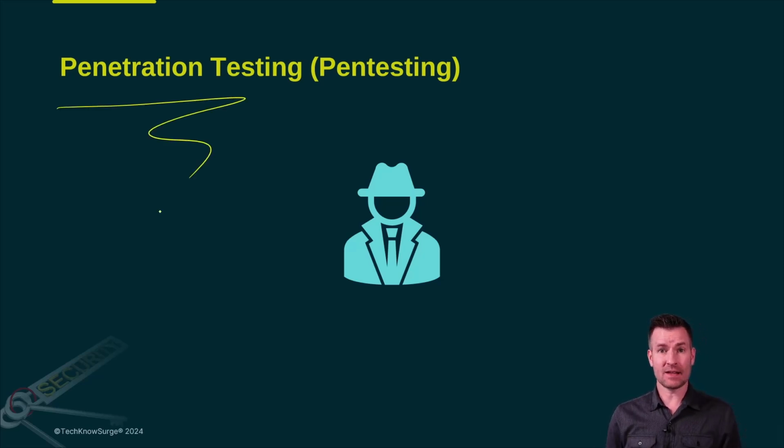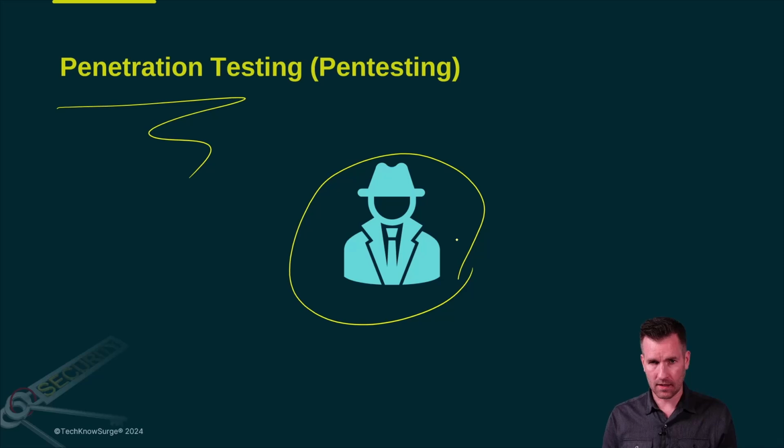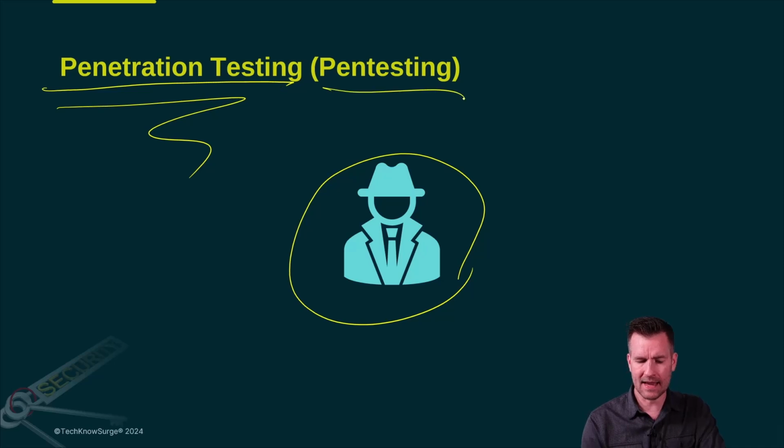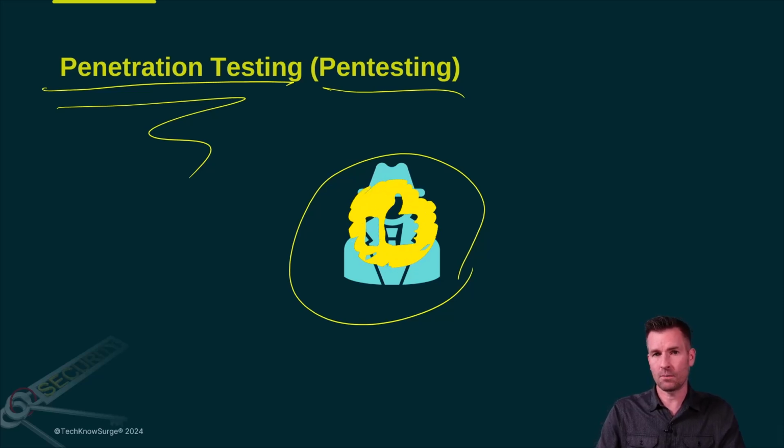So beyond just having some sort of software that does a scan of our network, now we have somebody that's actually trying to hack our network, going in there and trying to figure out where these vulnerabilities are. And so a lot of times we hire a third party to do this penetration testing, or what we call pen testing for short, to be able to really evaluate our network and see if there are any vulnerabilities or problems on it.